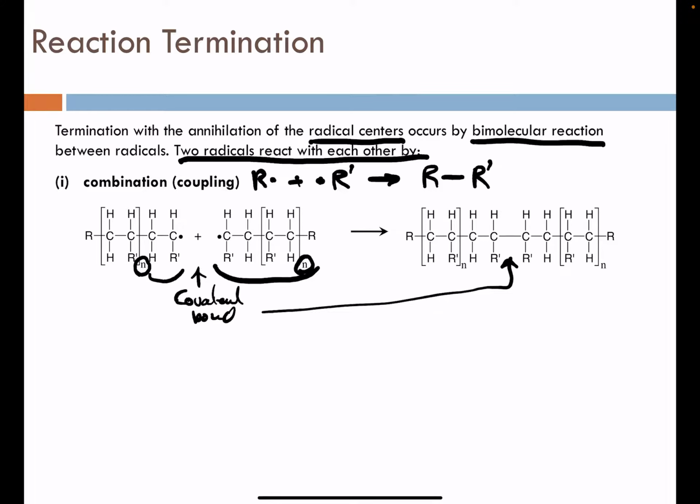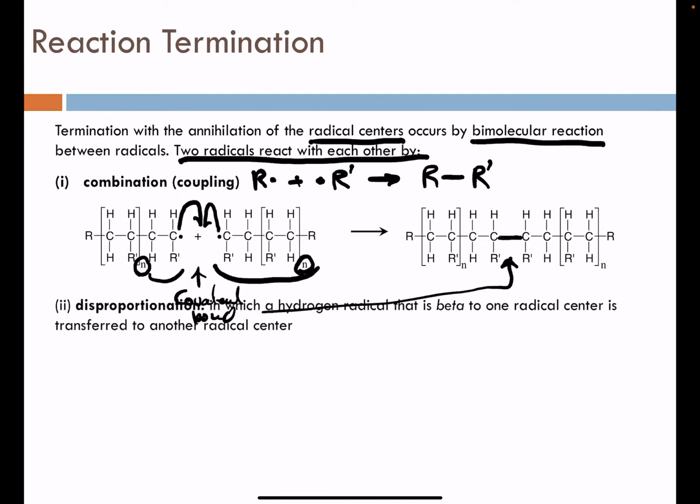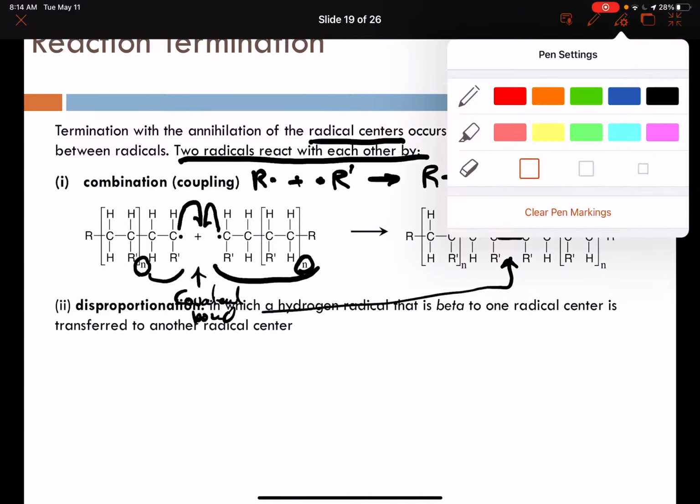So to show that with half arrows, we want to form a 2 electron bond. So we'll use both of those radicals, push them together, and show that new bond forming right there. Two radicals have gone into this reaction. There are no radicals in the product. We've annihilated those radicals. That is a termination reaction. Okay, let's clean that up so we can see the next example.